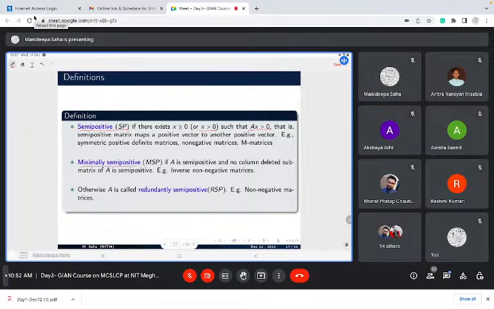Then minimally semi-positive, already discussed: it should be semi-positive, and if we delete a column, it will be no more a semi-positive matrix. And what is a redundant semi-positive matrix? If it is not a minimally semi-positive matrix. That means semi-positive matrices can be divided into 2 classes: the minimally semi-positive matrices, and the redundant semi-positive matrices.